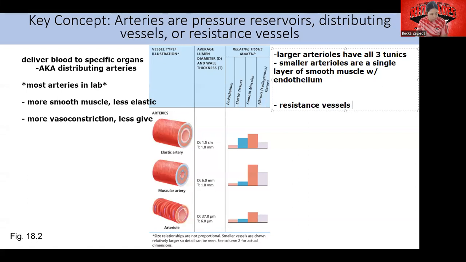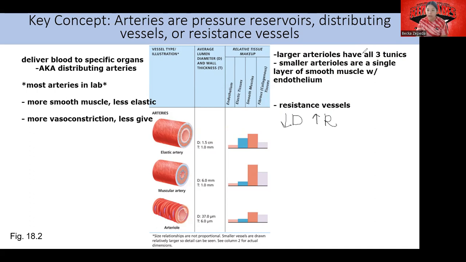So when you have a decrease in diameter, and you're going to learn more about diameter and resistance when you get to your PLA. But when you have a smaller diameter or a smaller lumen, you're going to have a higher resistance to blood flow, meaning it's harder for blood to flow through skinnier vessels.